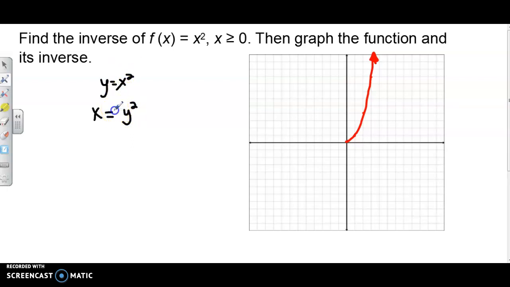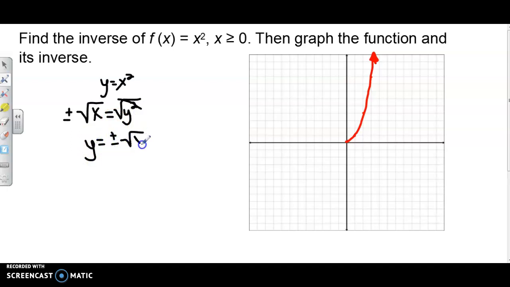And then I'll take the square root of both sides. Now, I notice I took the positive and negative square root, because that's what you're supposed to do when you take the square root of a variable squared, so that'll cancel out there. And I'll be left with y equals positive and negative square root of x.